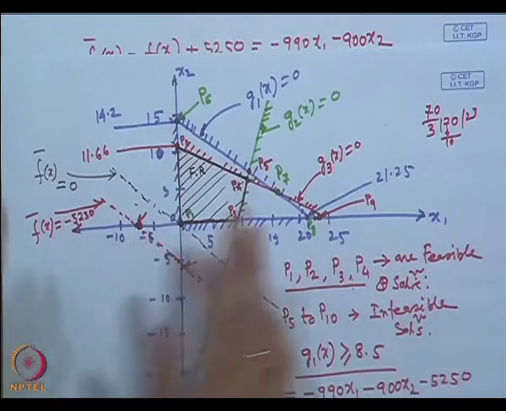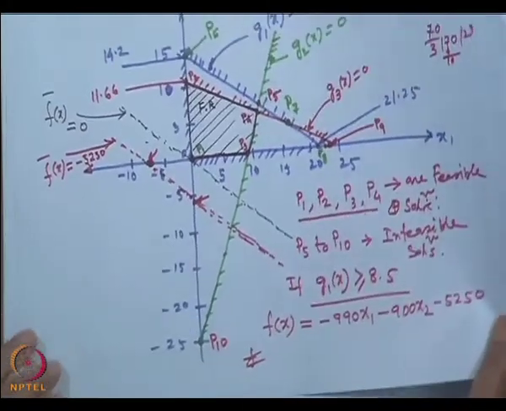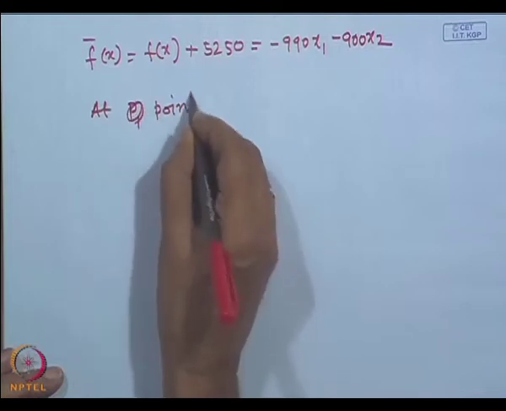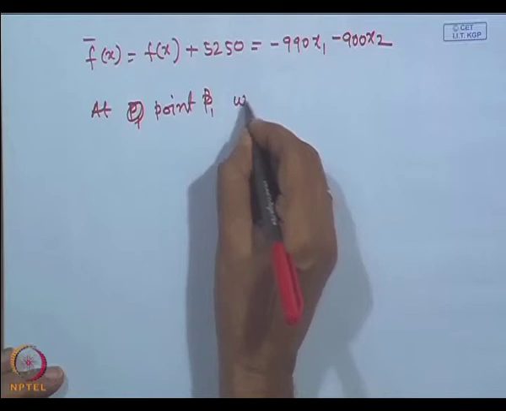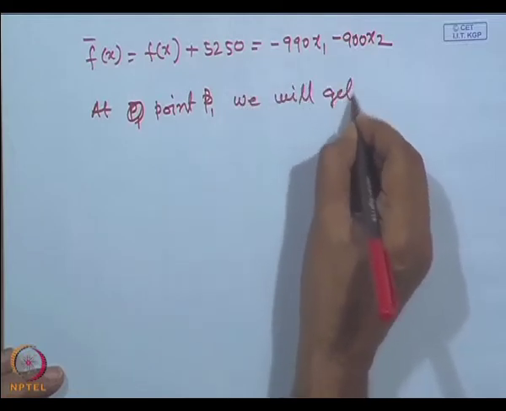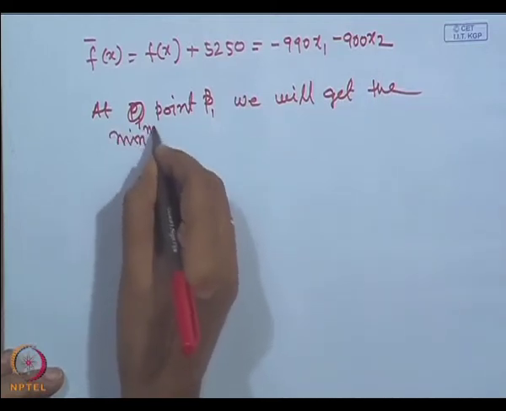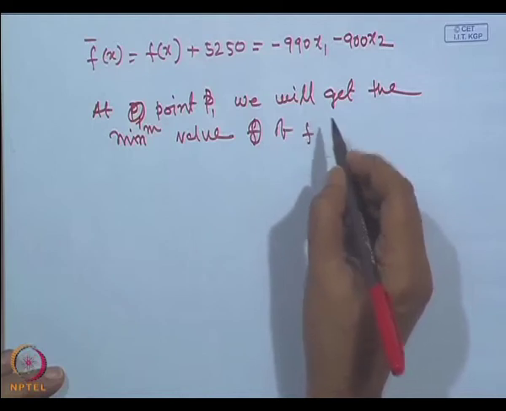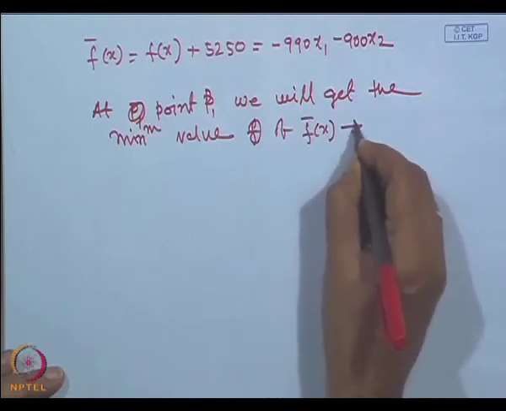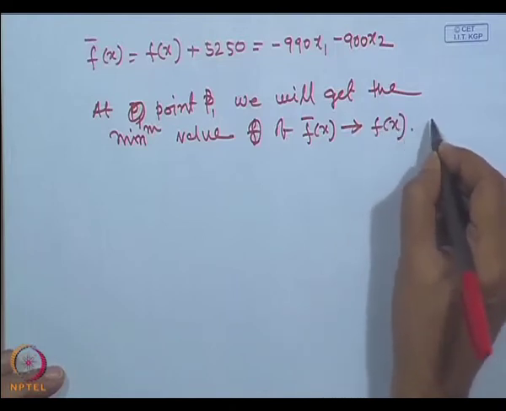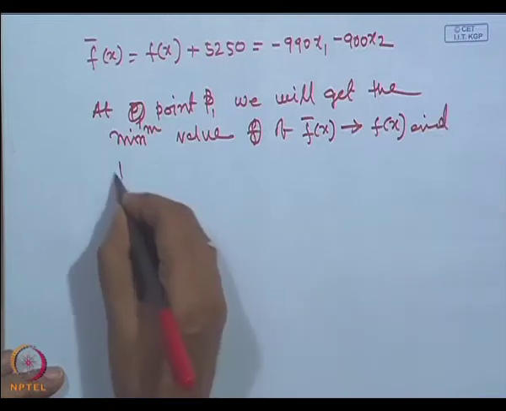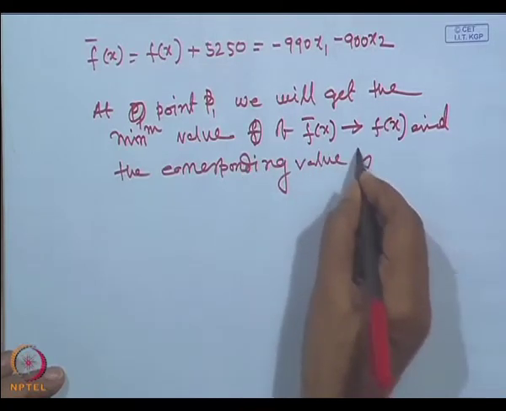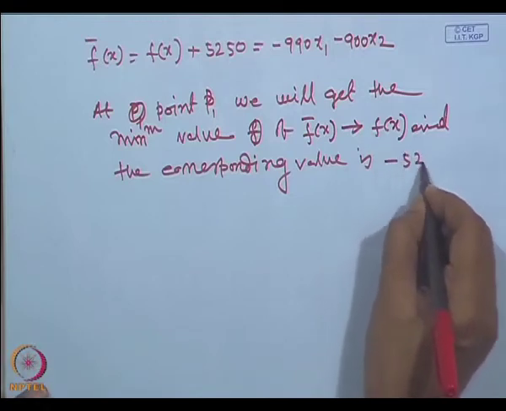I am just representing this graphically. So, at point P 1 we will get the minimum value of f bar of x, which implies f of x, and the corresponding value is minus 5250.